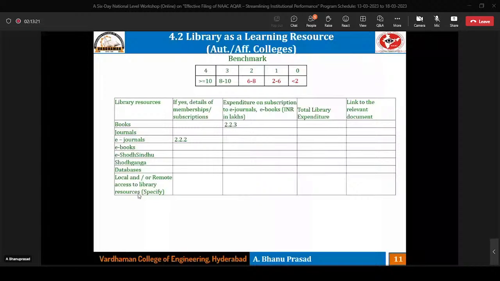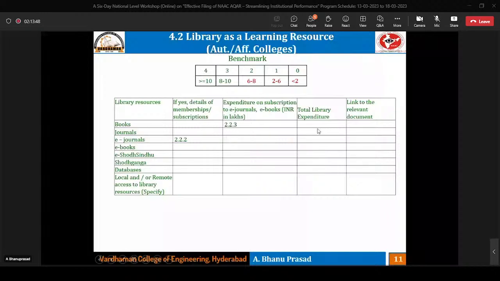If so, we can give the link for the document, and we can have the expenditure on the subscription to all the e-journals. The money that has been spent, depending on this amount expended, the respective criteria benchmark will be awarded.